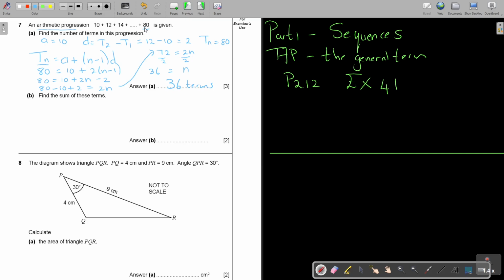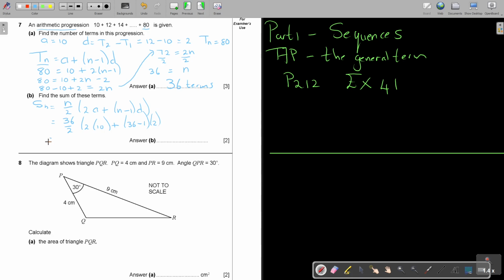Again, you have to know the formulas. The formula is Sn equals n over 2, bracket 2a plus bracket n minus 1 d. So in the place of n, I'm going to put 36 over 2, then 2a, it's 10, plus 36 minus 1, and the value of d is 2.